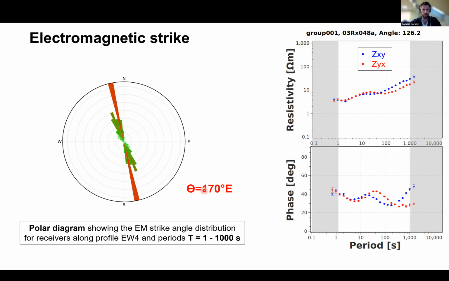Often we show this EM strike analysis on polar diagrams. You can see here, going through all periods, we look for the angle that minimizes the diagonal elements of the impedance tensor. In this particular example, the strike is quite clear, 170 degrees east.